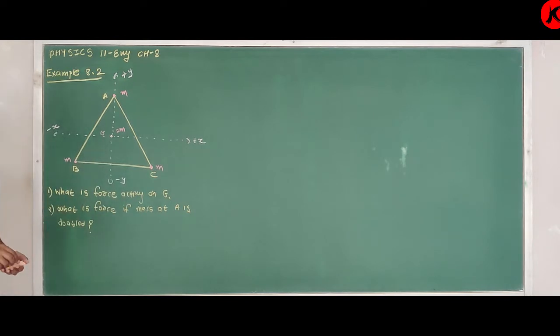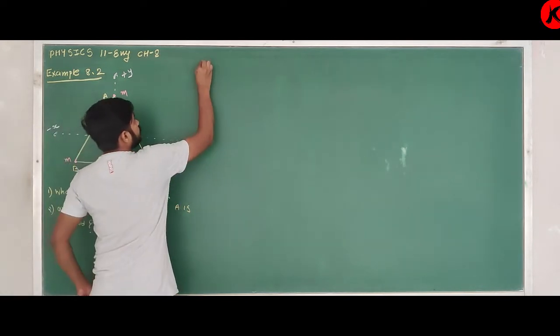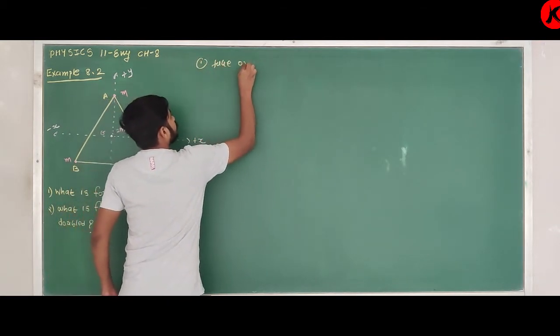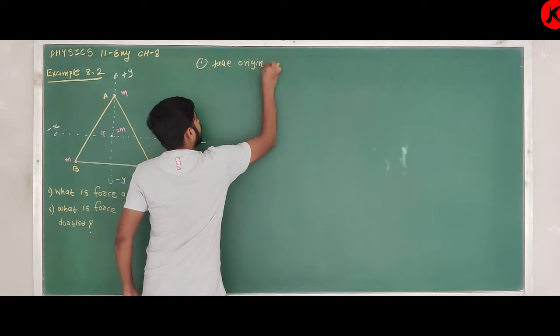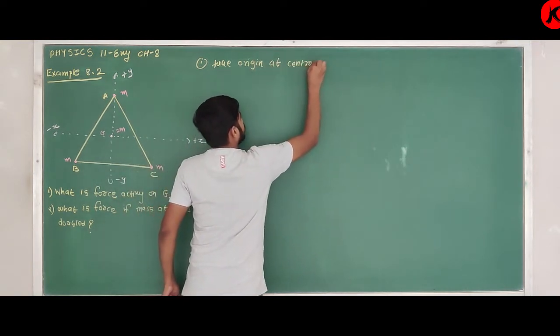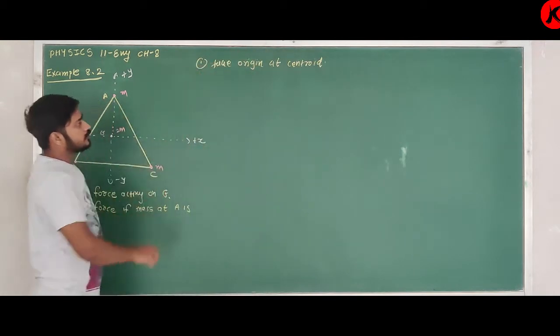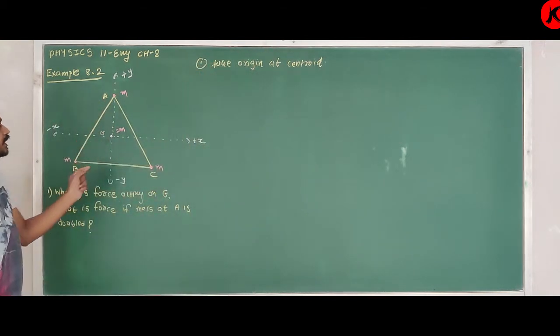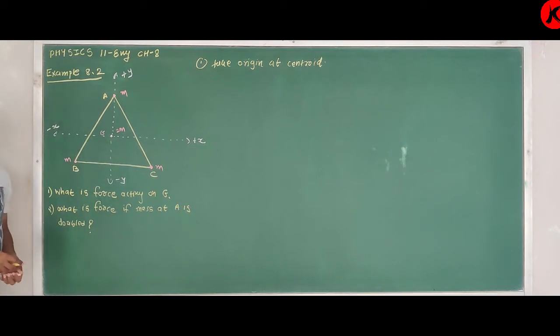The first step for the first question: take the origin at the centroid. So the coordinate system is as shown in the figure.